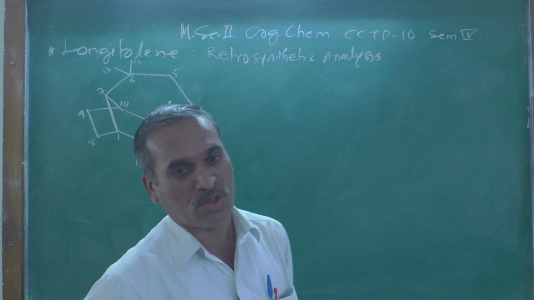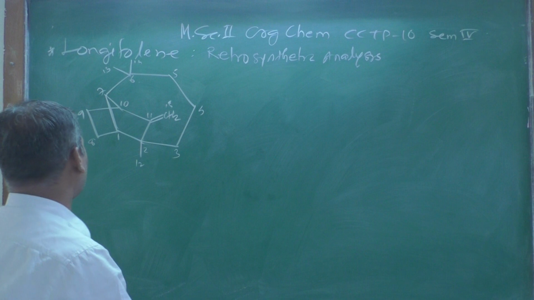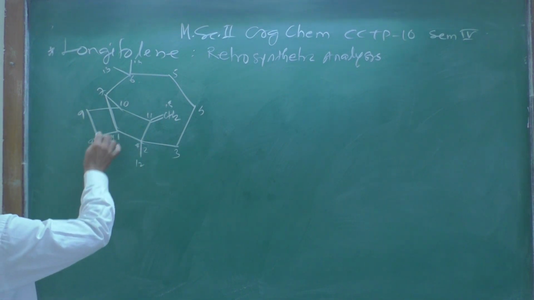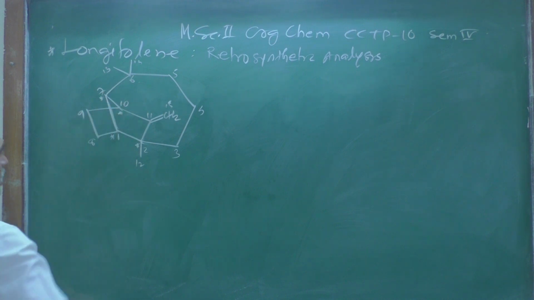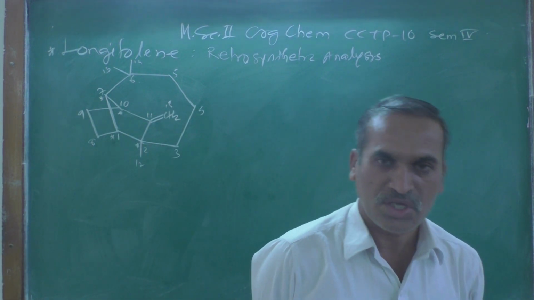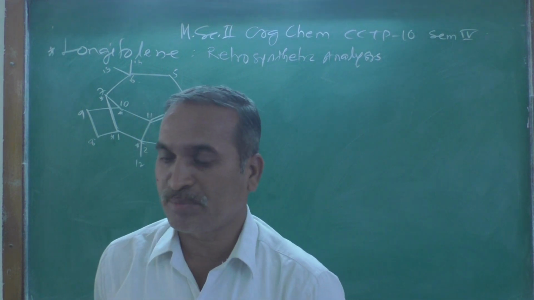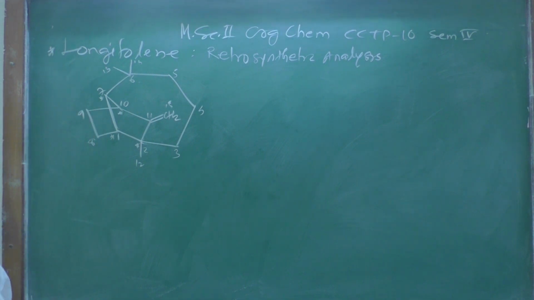This compound is optically active in nature and it has 4 chiral centers: carbon number 1 and carbon number 2, similarly carbon number 7 and carbon number 10. Each chiral center is not dependent on the others, they are separate, and therefore stereochemistry plays an important role here.